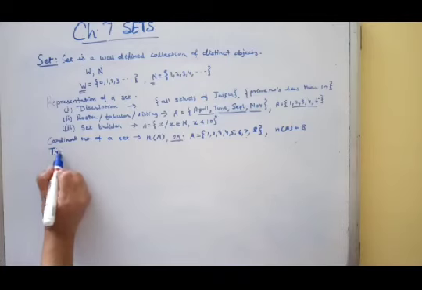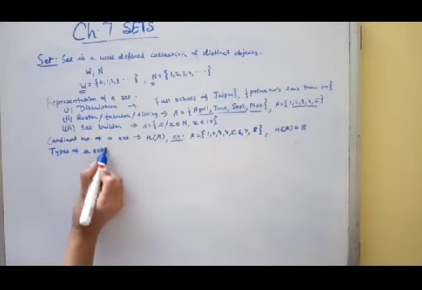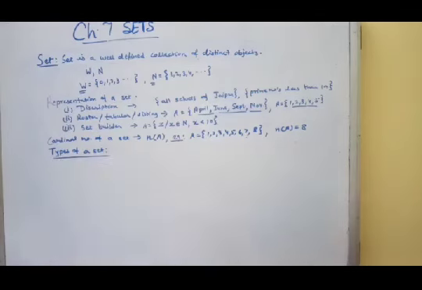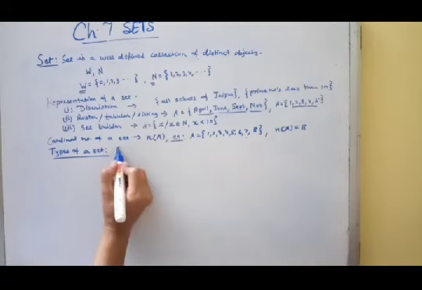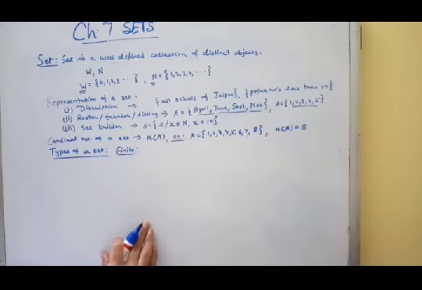Next is types of sets. First is finite and second is infinite. In a finite set, all the members are countable.